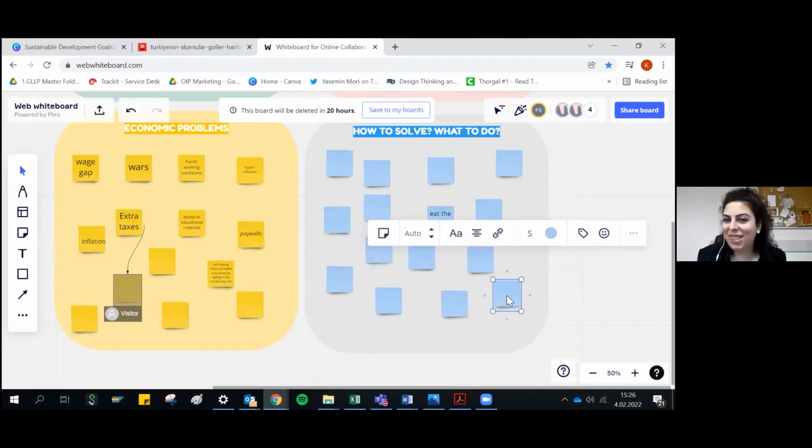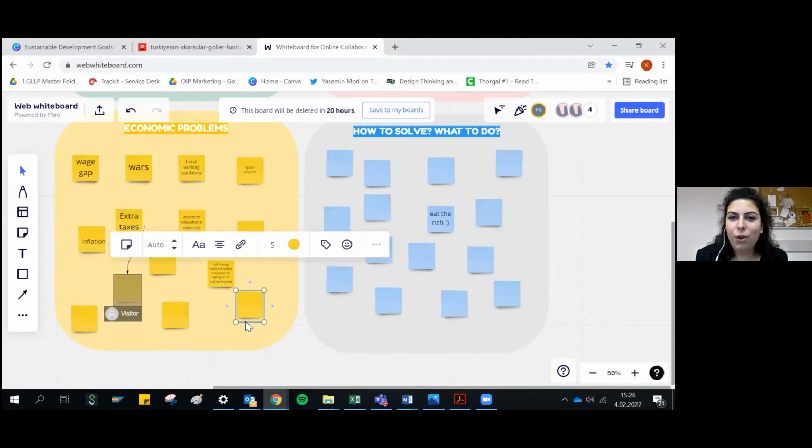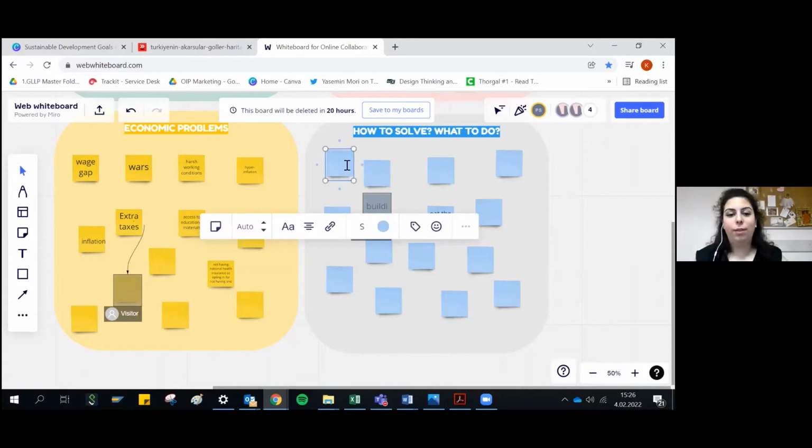Eat the rich. This is a good one. Thank you. I'm not sure eating meat is good for carbon emission, but okay. Would like to write something. Would like to say something. Diplomacy. Okay, good one.